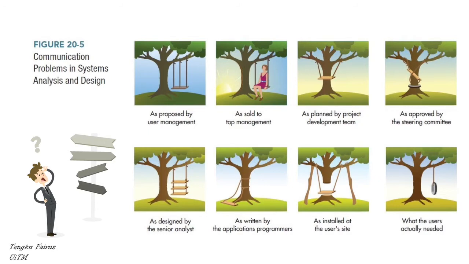So it is very important to document the user requirements, and they need to thoroughly get feedback from the user, so that they know the needs of the users for the proposed system.